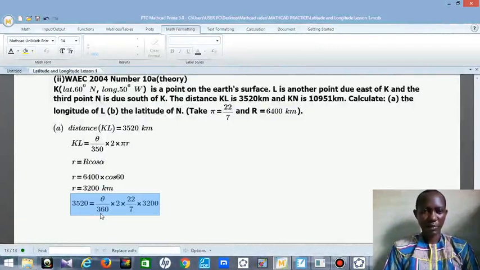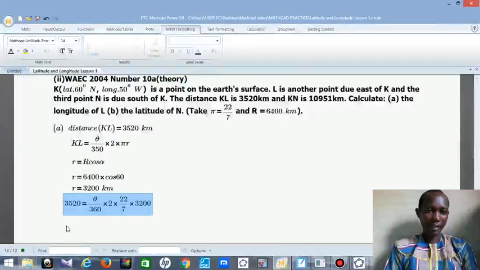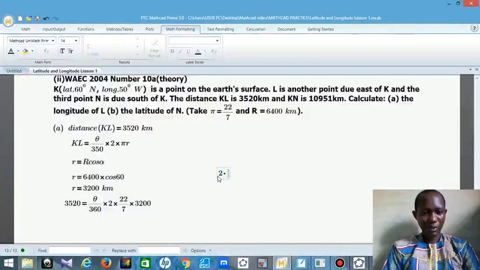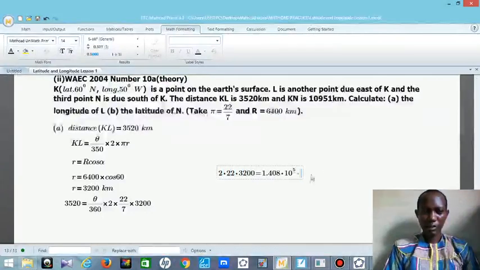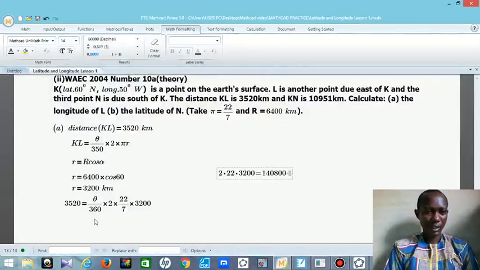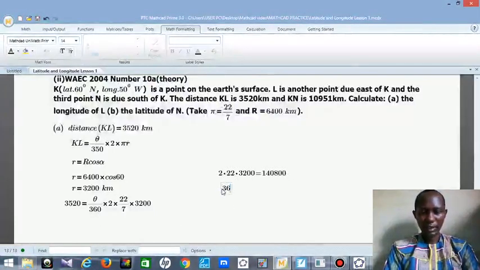Then we need to simplify this and get our answer. You can multiply the numerators first, which is 2 times 22 times 3,200. Let's put it in decimal. Then 360 times 7.